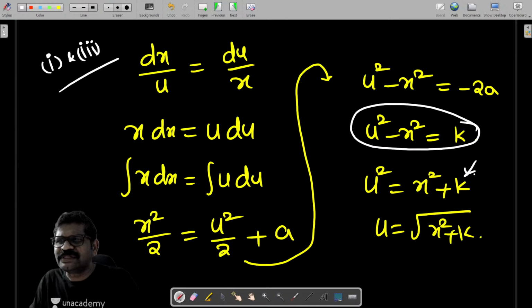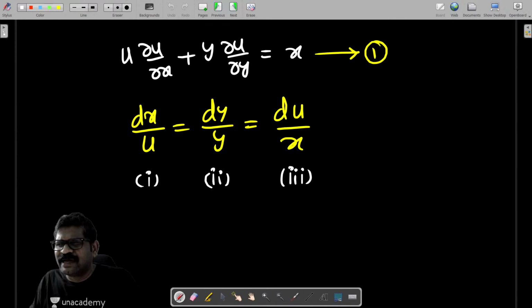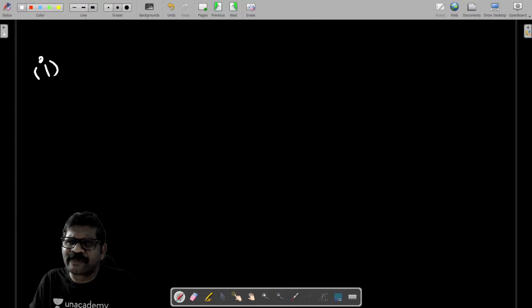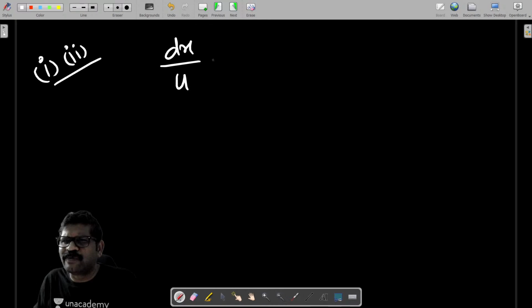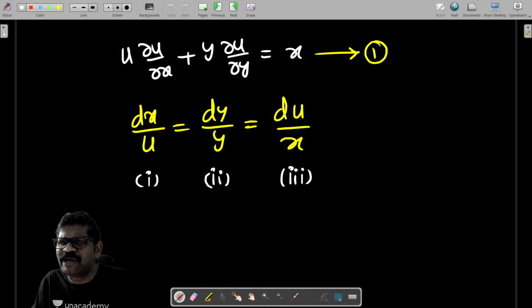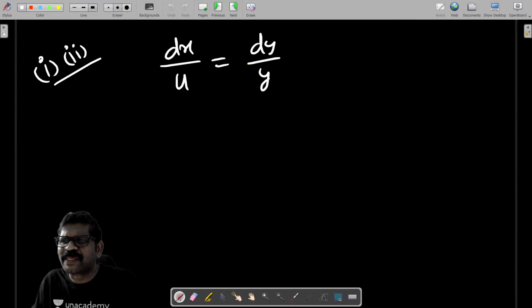Next, in equation 2 and 3 or 1 and 2, if you take 1 and 2, you will get from 1 and 2, dx by u equal to dy by y.